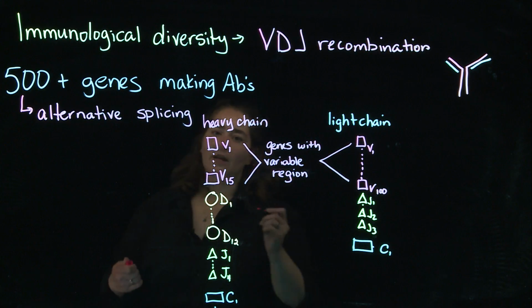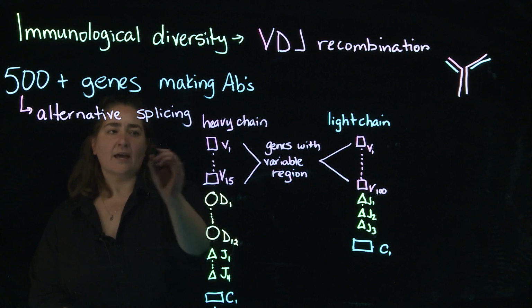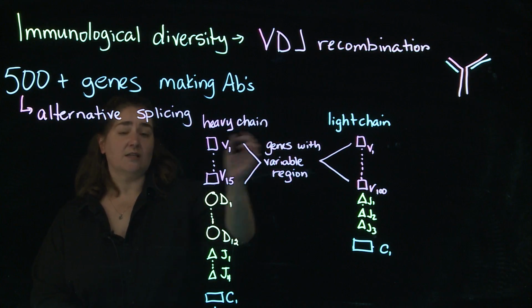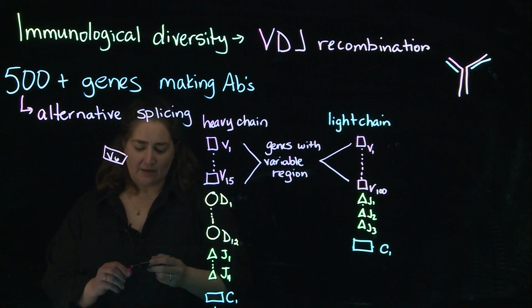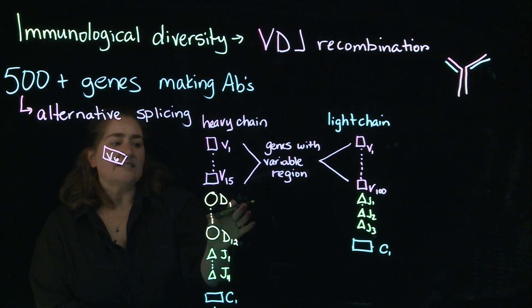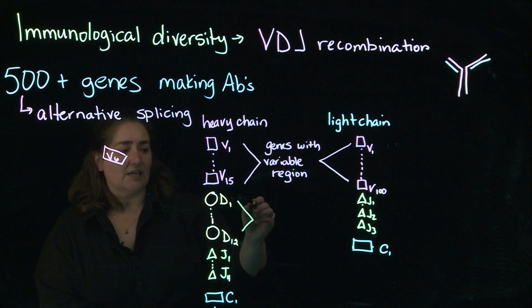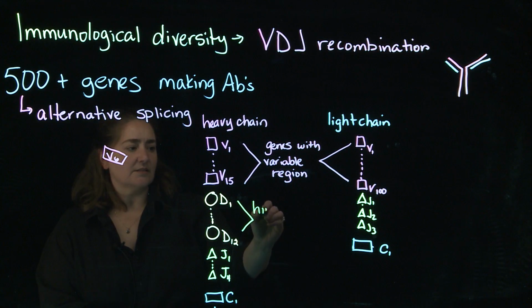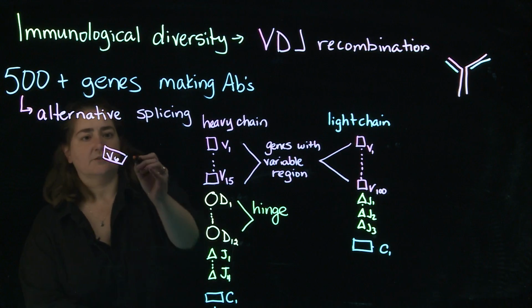So essentially what happens is you might have to make up your heavy chain up there. Say this ends up being variable 6 region. The D region is unique to the heavy chain because that's what gives rise to our hinge region, okay?